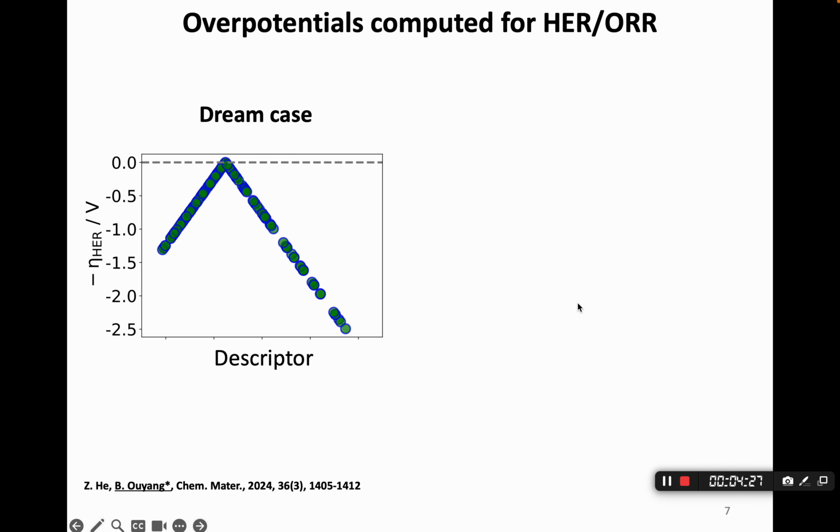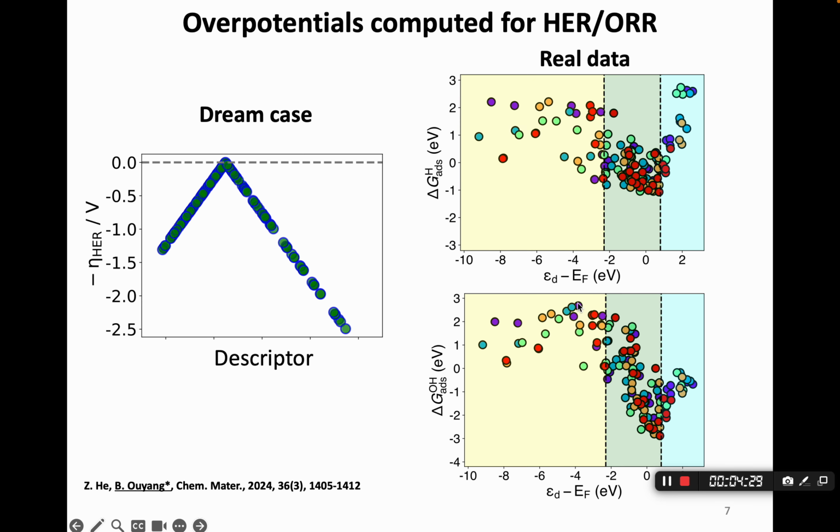Ideally we want to see something like this, but eventually this is what we see. We can barely see some kind of trend, but it's not very obvious, and you cannot really fit curves to it. These black lines are just to guide your eyes. We have some kind of correlation, depending on the amount of valence electrons.